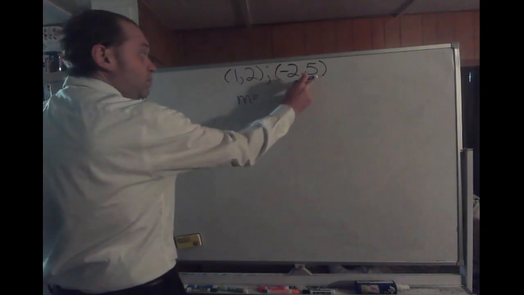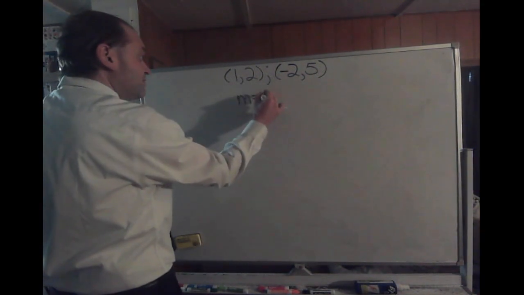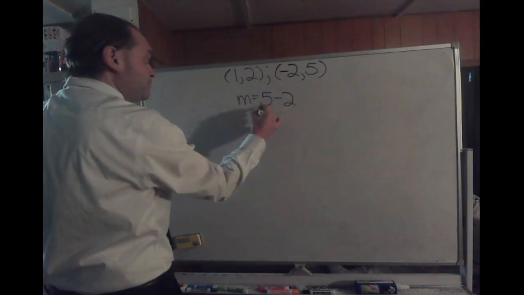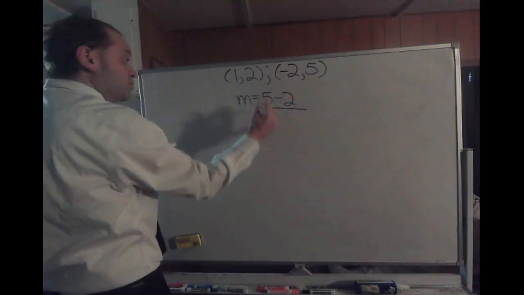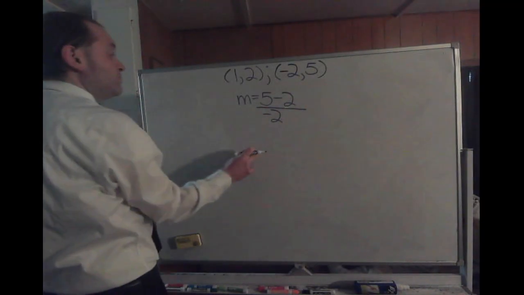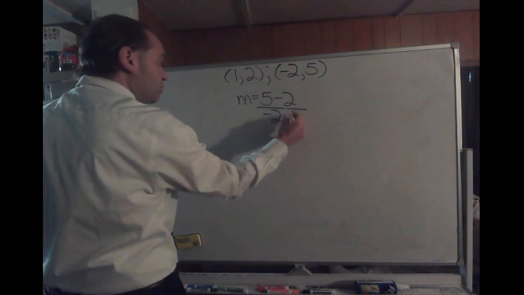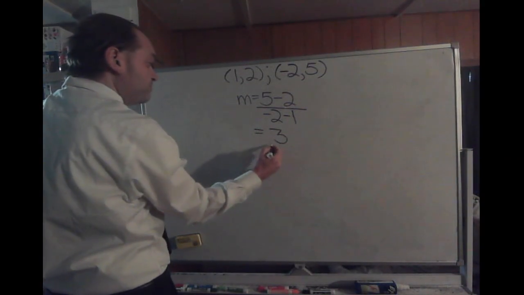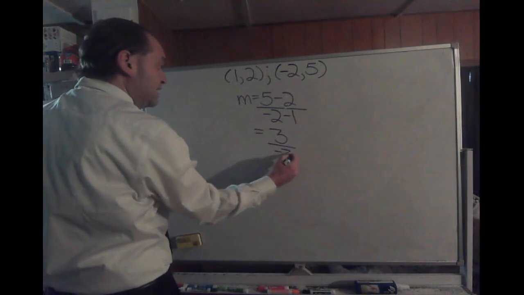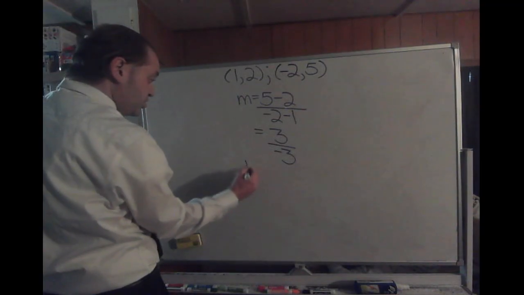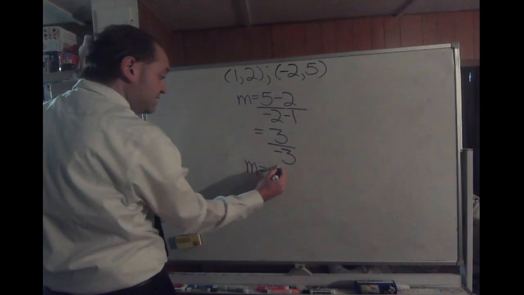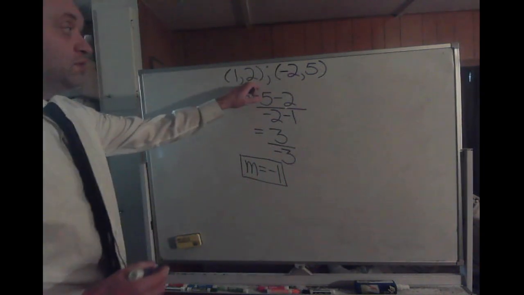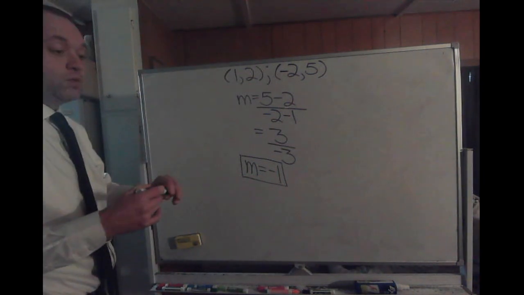Take your second y coordinate of positive 5 minus your first y coordinate of 2, over your second x coordinate of negative 2 minus your first x coordinate of 1. Well, that's going to give you 3 divided by negative 3, which is negative 1. So the slope of the line formed by those 2 points is actually negative 1.